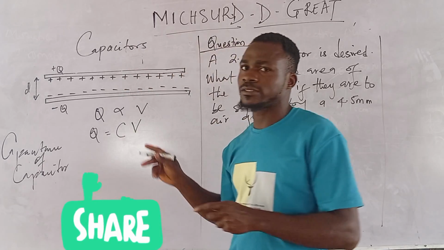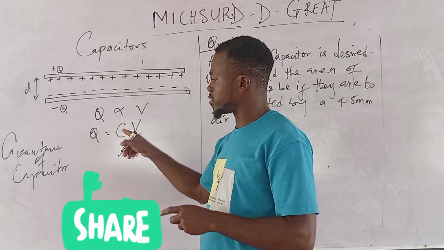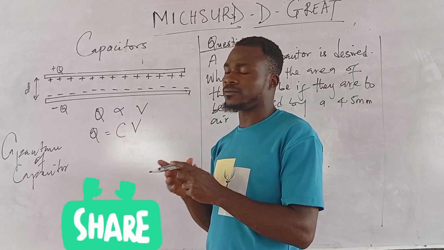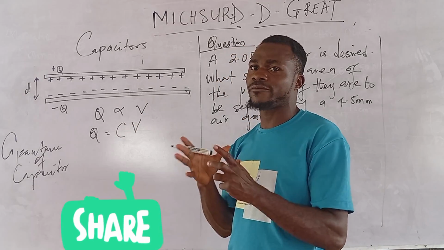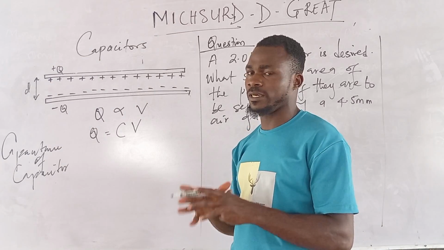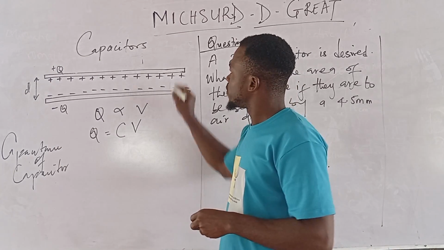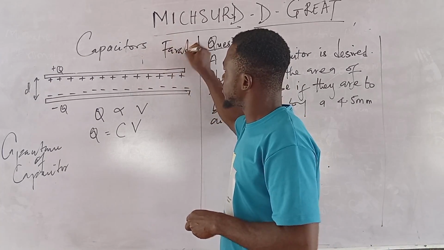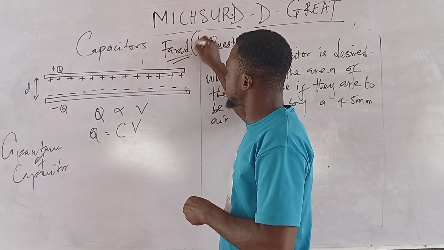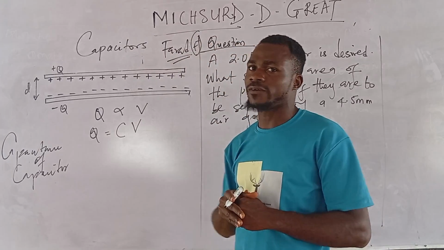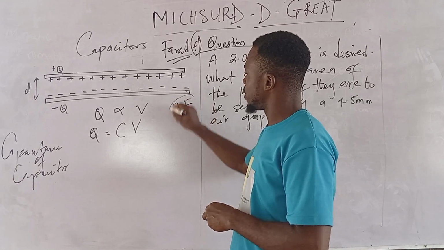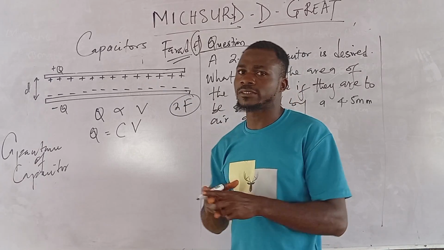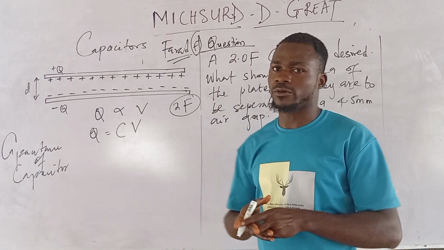The capacitance C is measured in farads, which we write as F. So if I give you 2 farads, I'm talking about the capacitance of the capacitor.